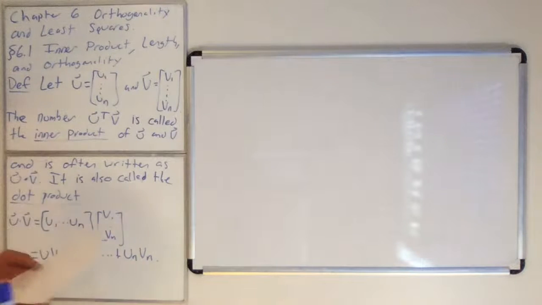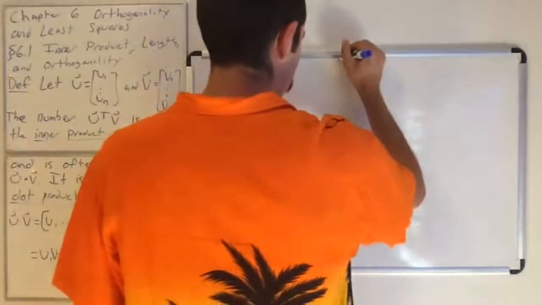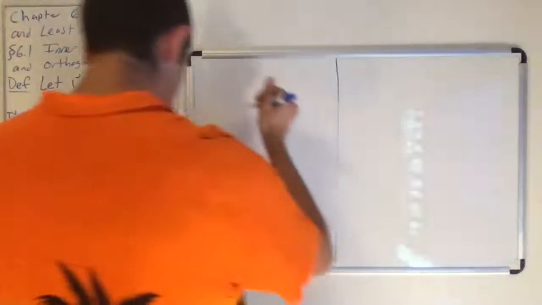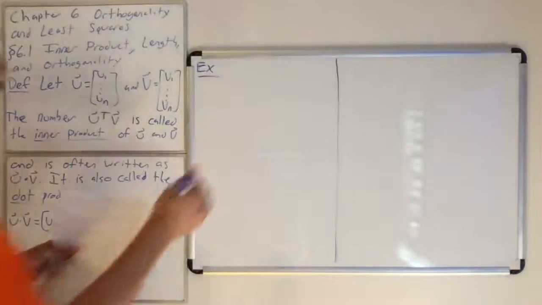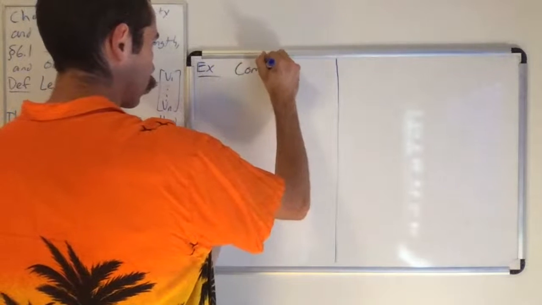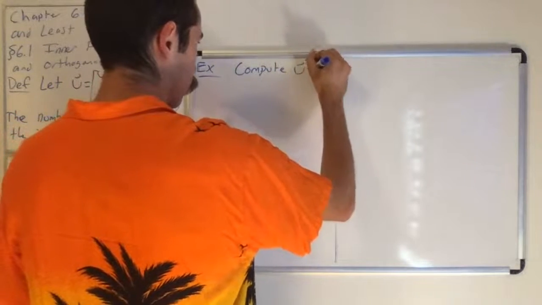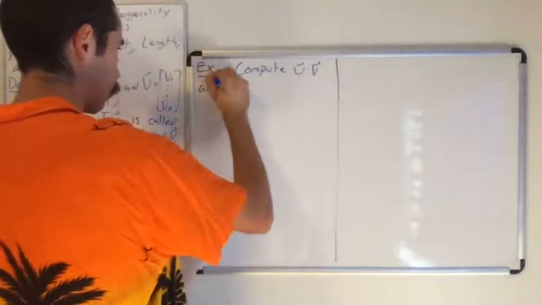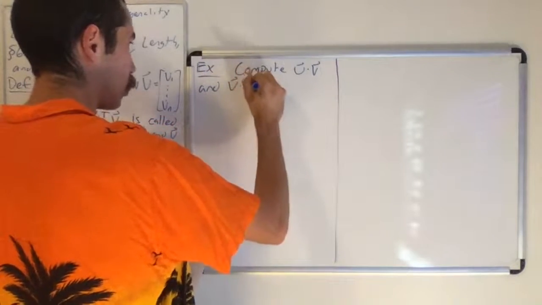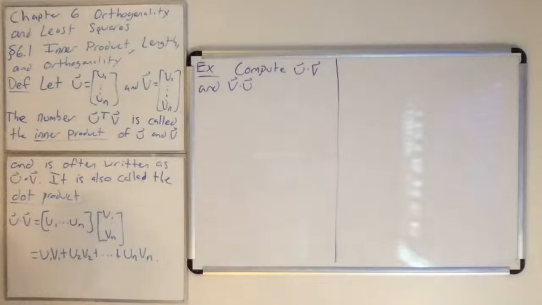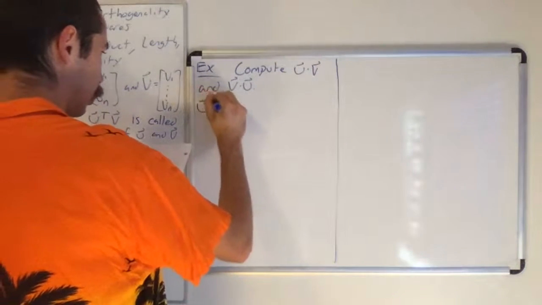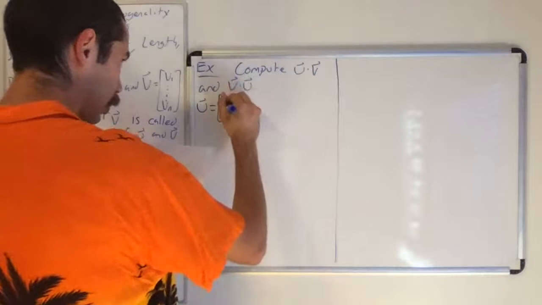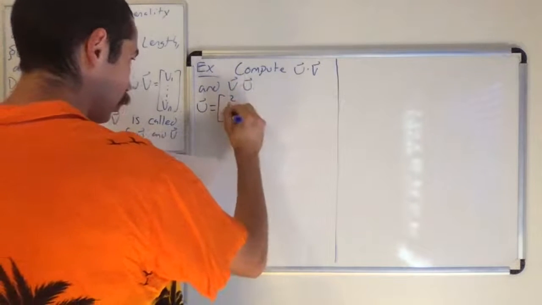And so let's take a look at an example. We want to compute U dot V and also V dot U. U is the vector 2, -5, -1.